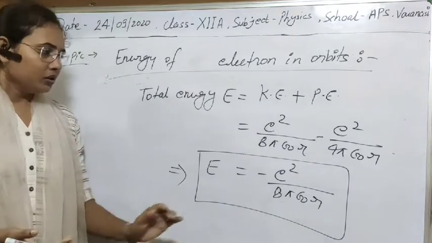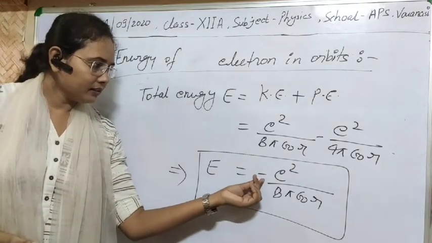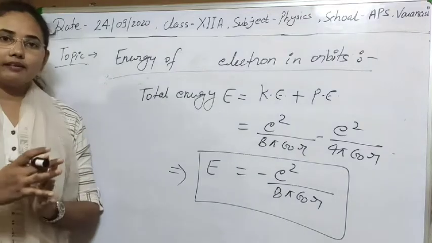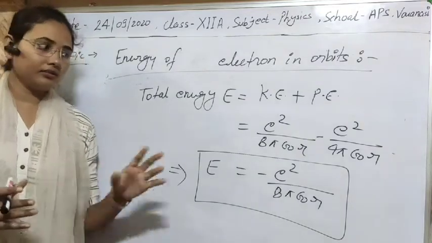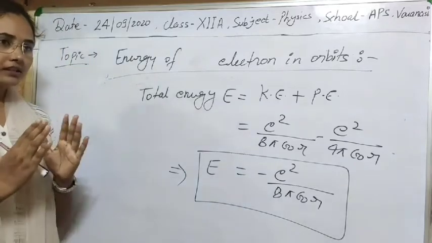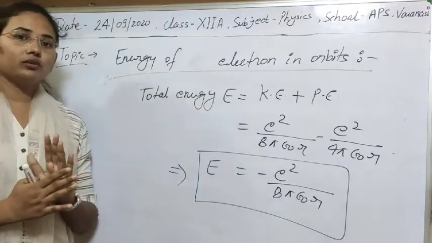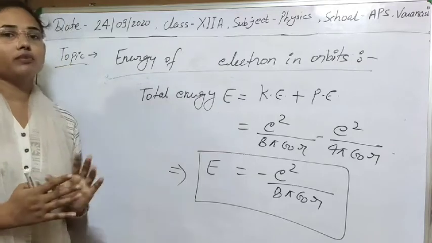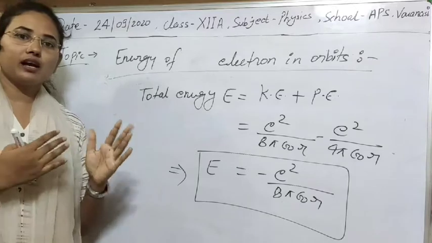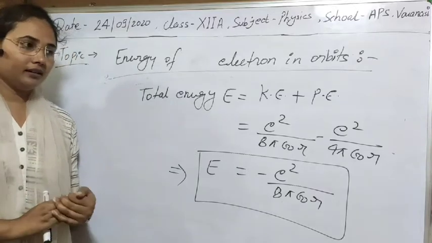As you can see, this energy is negative. If the value of energy is negative, it means that it always binds electrons to the nucleus, that is, the force will always be attractive; at a certain distance the force can't be repulsive or in any other form.